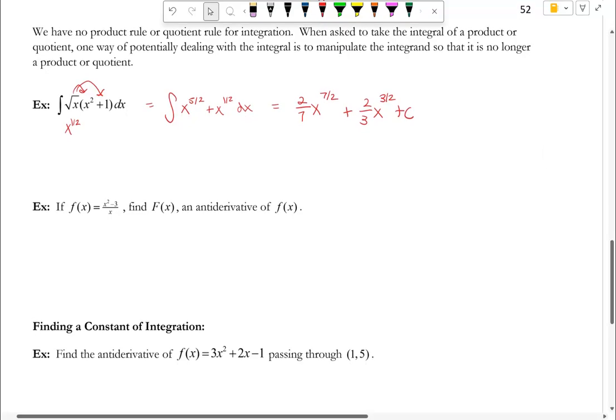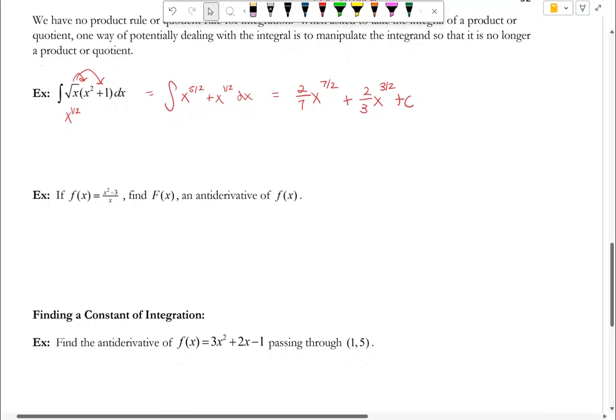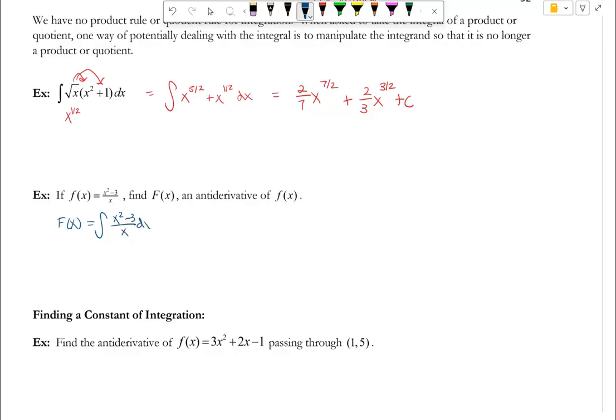All right, in this next example, we are asked to find capital F, which is again an antiderivative of f of x. So in order to do that, I just need to integrate x squared minus 3 over x. Again, though, we don't have a quotient rule. So I could deal with this a couple ways.